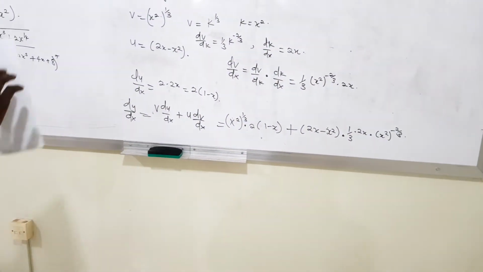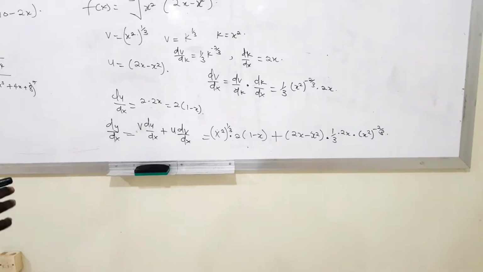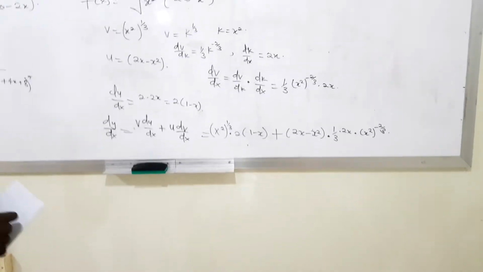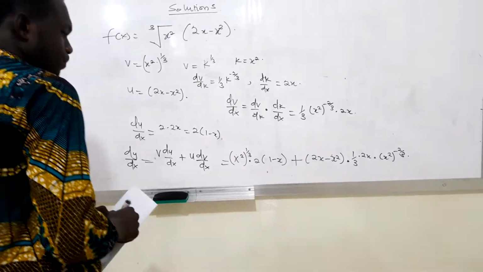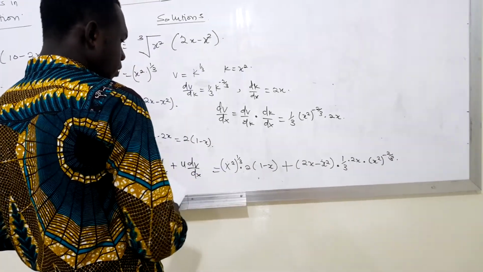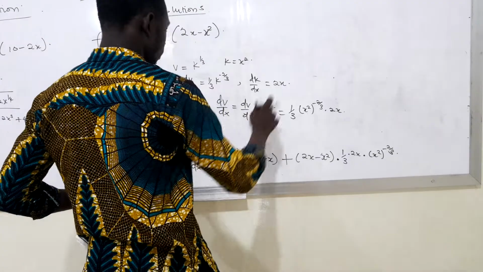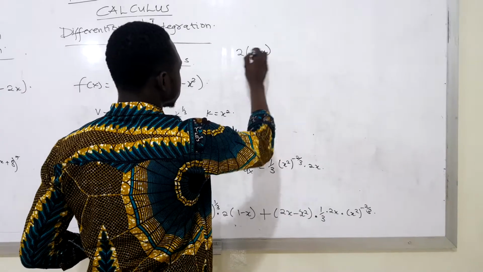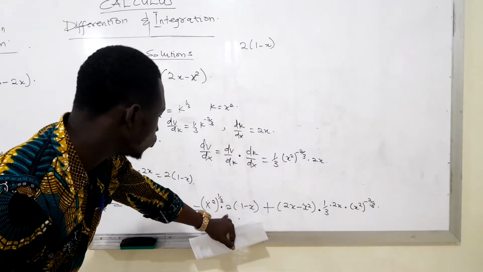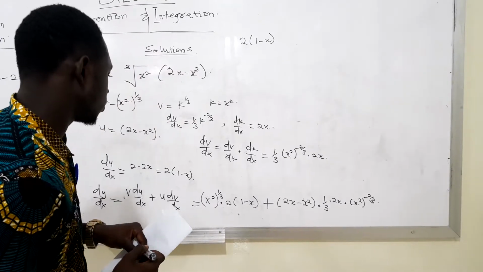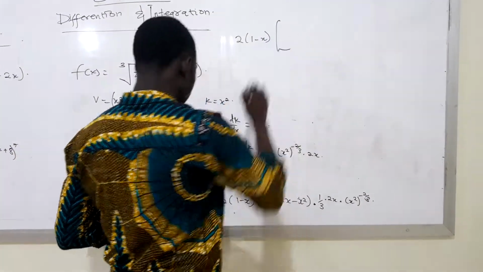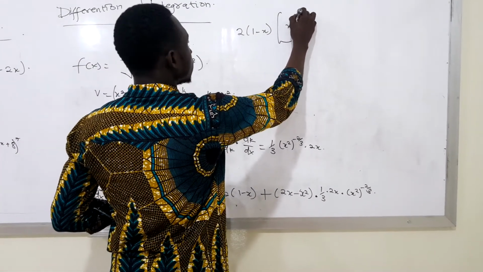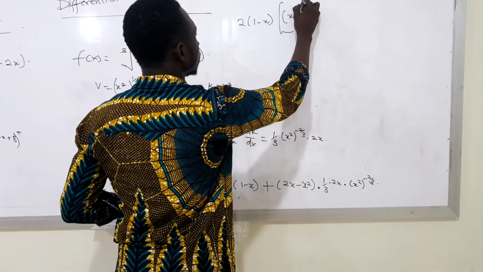Now, it is looking clumsy, and we would want to make it simpler. So I can rewrite this expression as 2 times the bracket 1 minus x, times x squared to the power 1/3.